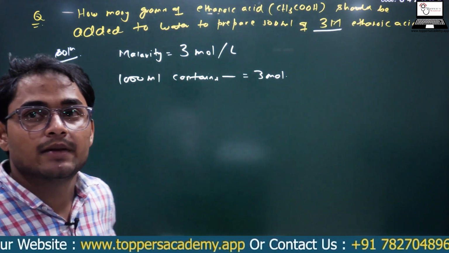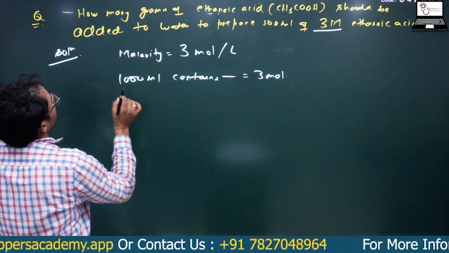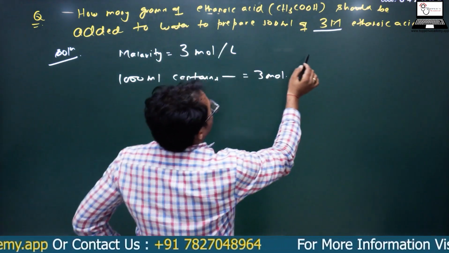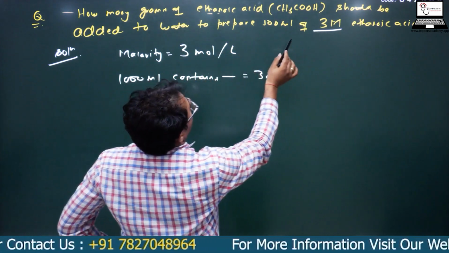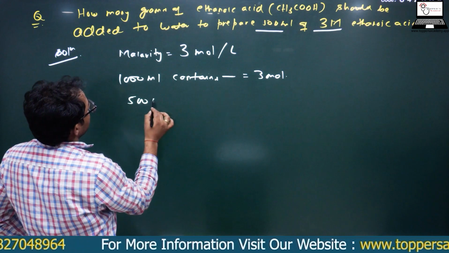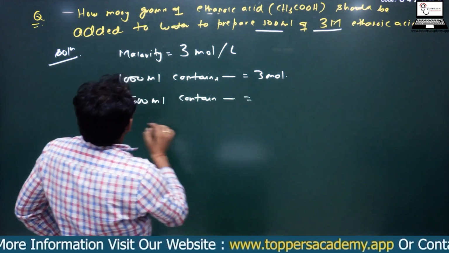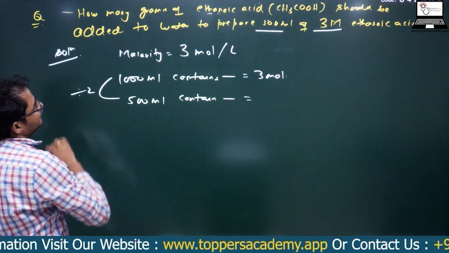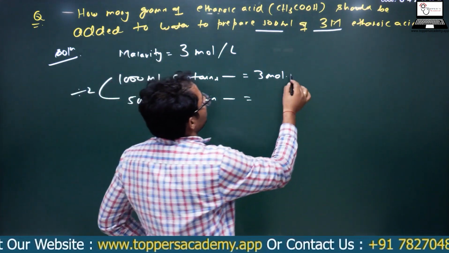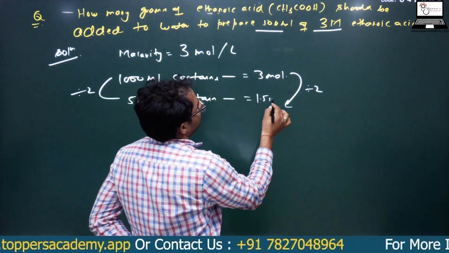So 1000 ml will contain 3 mole, and I want to prepare 500 ml. Obviously 500 ml will contain half of that, you will divide by 2. So 3 by 2, that means 1.5 mole.